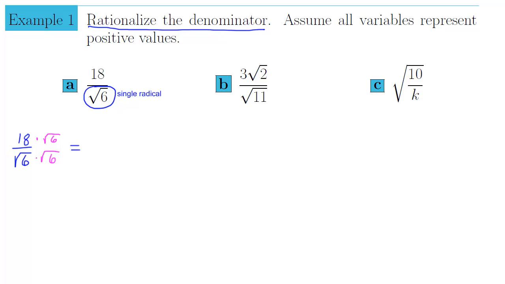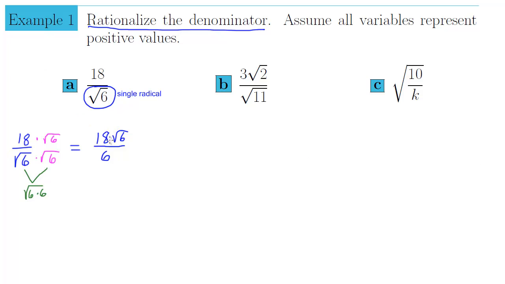Altogether, on the bottom, this is going to give me the square root of 6 times 6 if you multiply underneath. But the square root takes that pair of factors and gives you back a single factor, which means on the bottom of my fraction, the square root 6 times square root 6 just becomes 6. On top, 18 times root 6 is just that, 18 root 6.